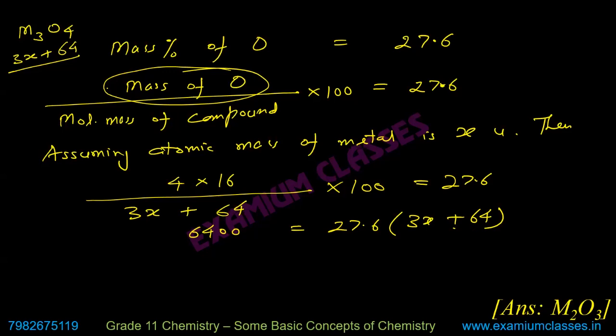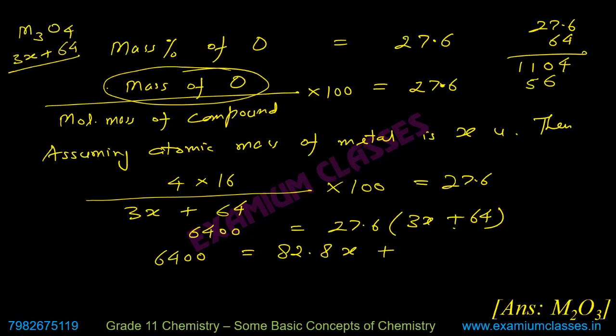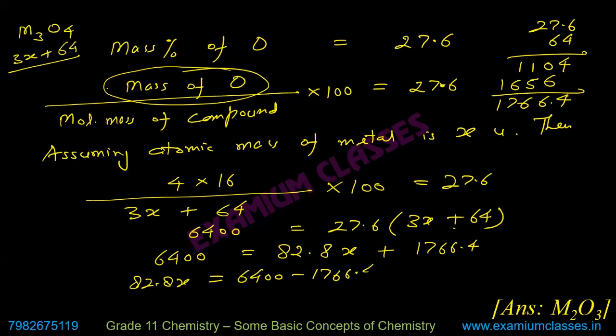Cross multiplication means 6400 equals 27.6 times 3, that is 82.8x, plus 27.6 multiplied by 64, which is 1766.4. So 82.8x will be 6400 minus 1766.4.